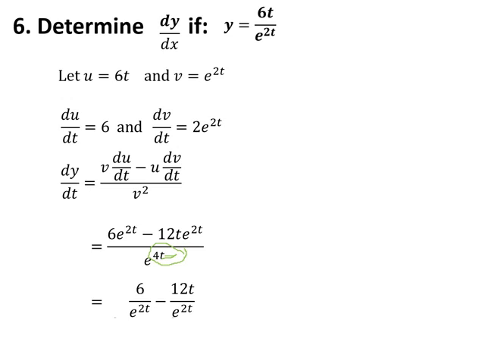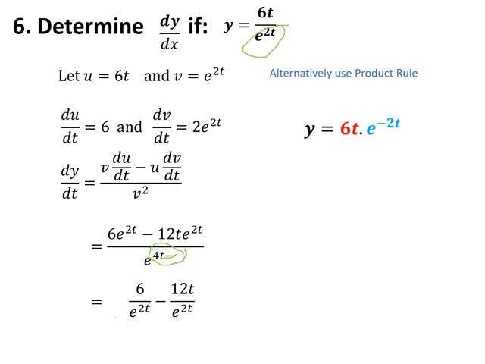Right. Now, I also want you to see that this question can also be solved using the product rule. That is, if we write it as 6t, then making this a negative exponent, that is taking it up to the numerator, it will be e exponent minus 2t.